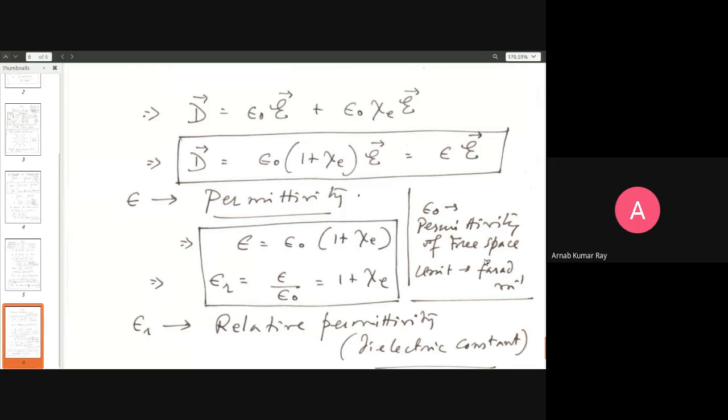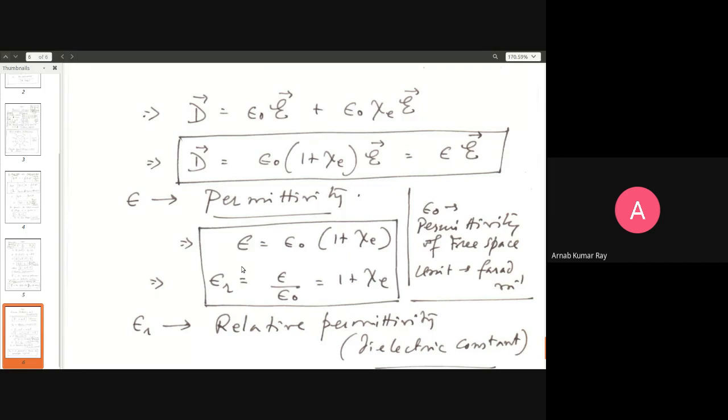The charge built up in the capacitor depends on its capacitance, and capacitance is given as epsilon naught into area divided by D. Capacitance has the unit of farad, so farad is equal to epsilon naught into area by length. So epsilon naught will have the unit of farad per meter.